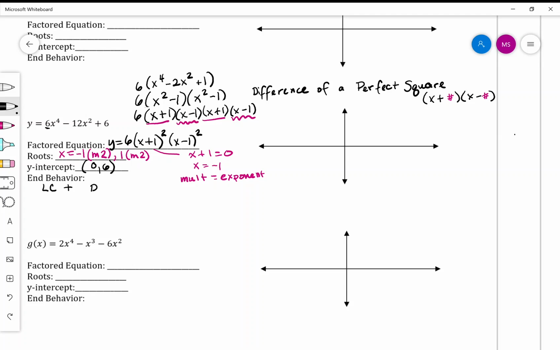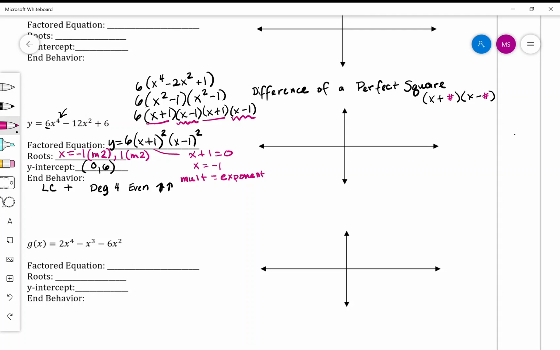All right, your degree is 4, so your degree of a polynomial is the highest exponent. 4 is an even number, so you have an even degree that's positive. So that means it should end in the same direction. It's positive, so it's going to end positive.